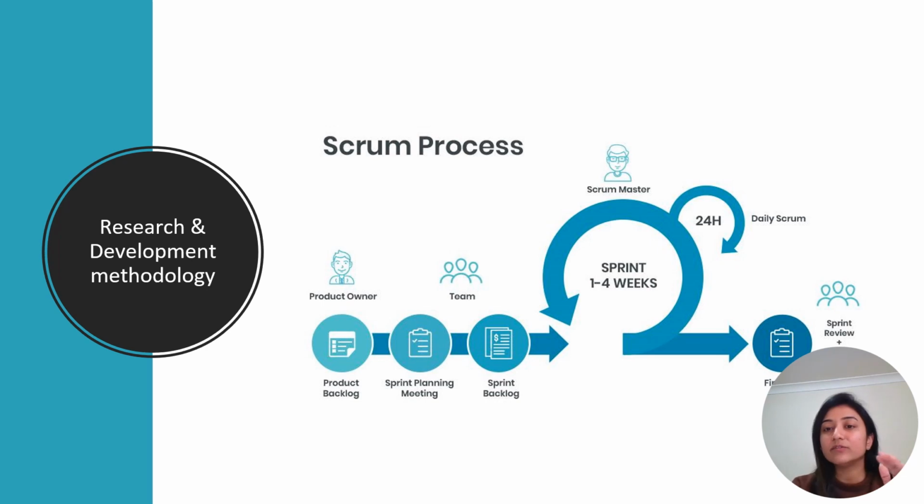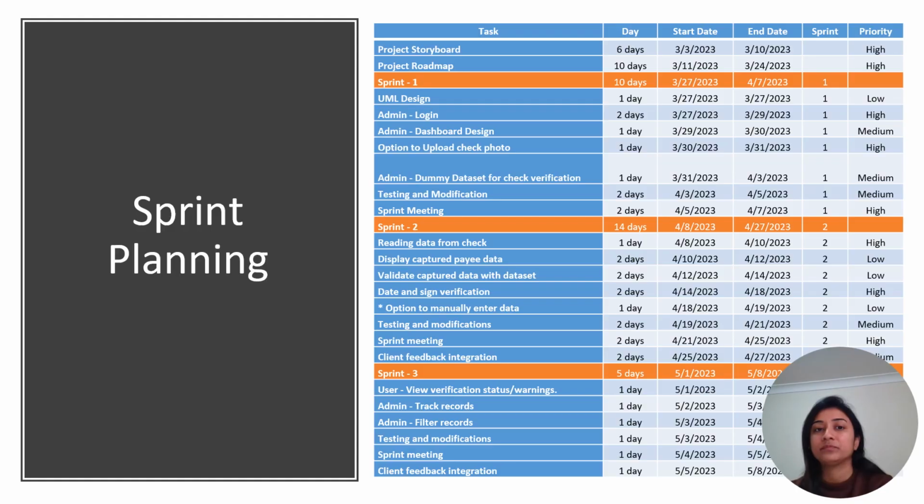Daily, we go through the daily scrum meetings as well. After that, we can finalize this Scrum process. That is the sprint planning. The main thing is that we depend on sprint 3. Sprint 3 is the major task in the project.